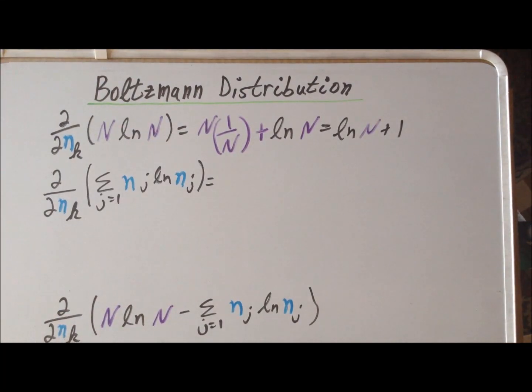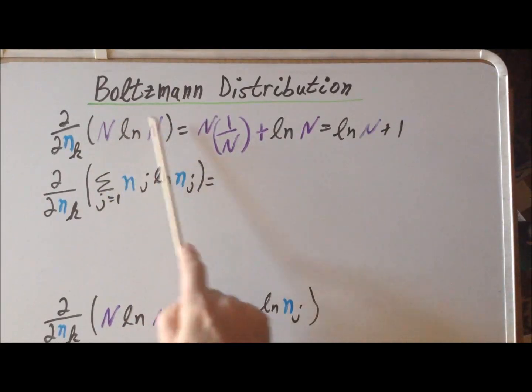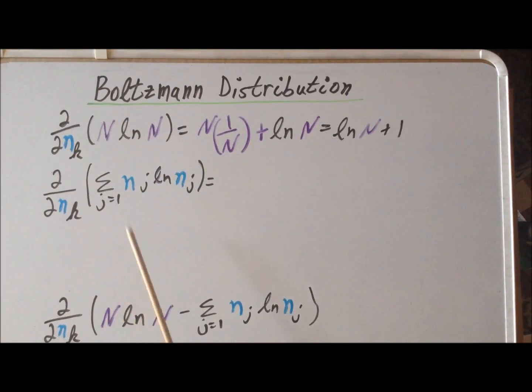To find the derivative of the second part of this term, the n sub j times the natural log of n sub j, we use almost exactly the same reasoning that we used for the big N natural log of big N. Because if we have any n sub j that is not equal to n sub k, the derivative is going to be equal to 0.